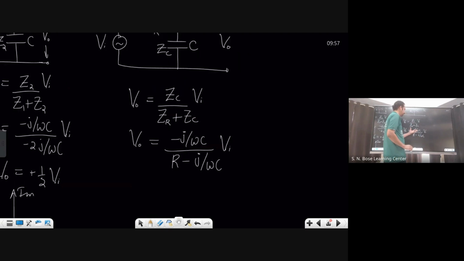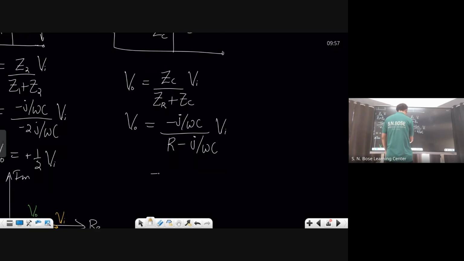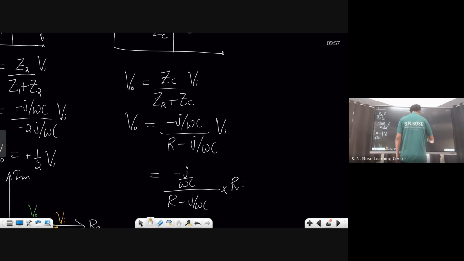I want to write this as A plus iB. Now I can eliminate options, I think. Minus j by omega C divided by R minus j by omega C into R plus j by omega C divided by R plus j by omega C.